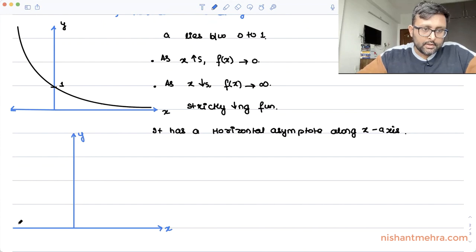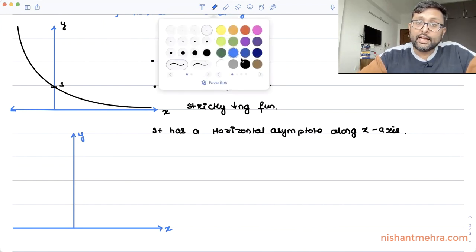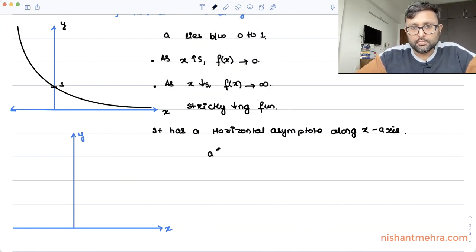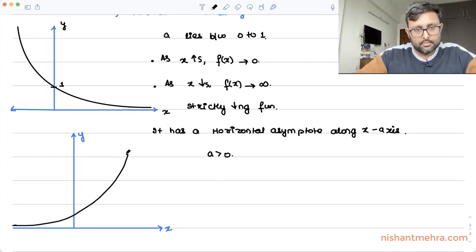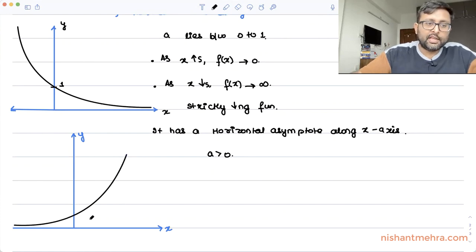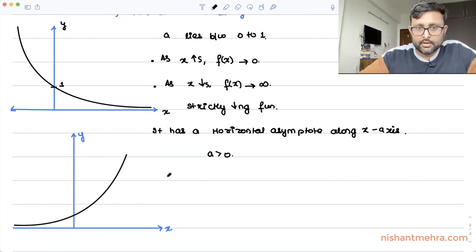So again, when you have a greater than 1, that's another case. What happens here is that as x is increasing, f(x) is going to infinity. So it is completely opposite of that.